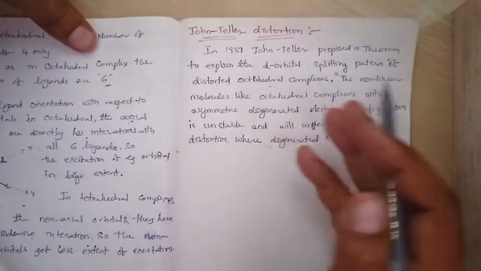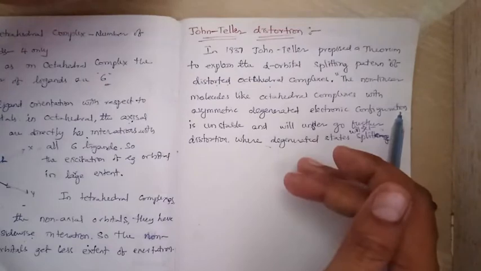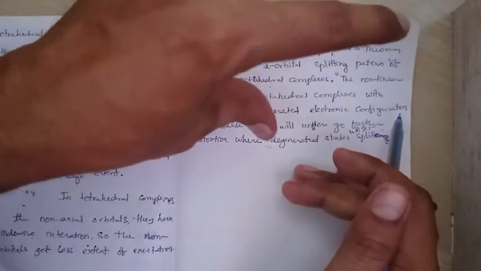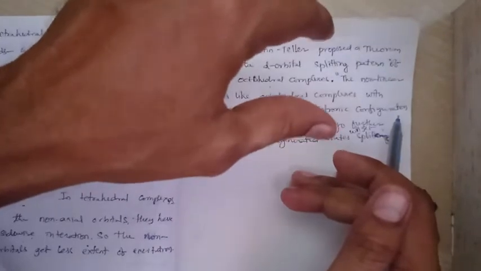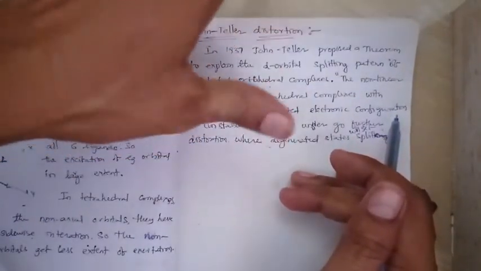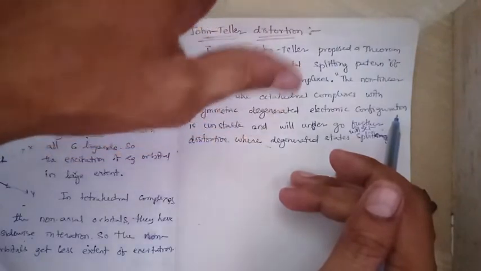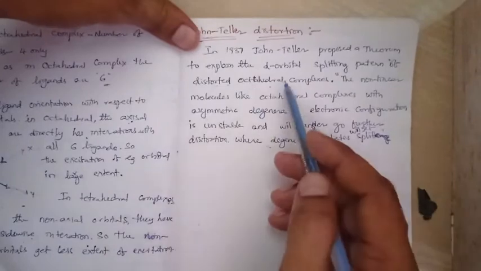In such an altered octahedral, the metal to ligand bonds vary from one to another. There will be two types of metal to ligand bond lengths, right? That is what we will see in the distorted octahedral.